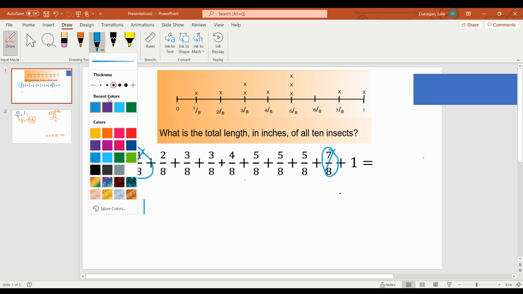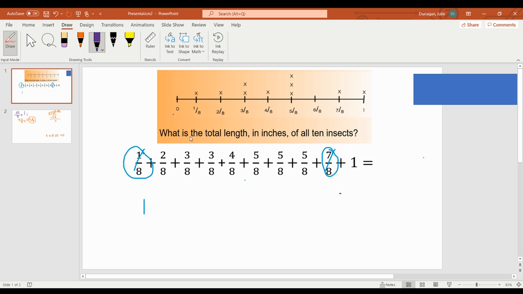I'm going to keep switching colors just so you can see what I'm doing. Okay, so I hope that'll help. So now I'm going to be looking for another group of numbers that could give me 8. So I know that 3 plus 5 equals 8.